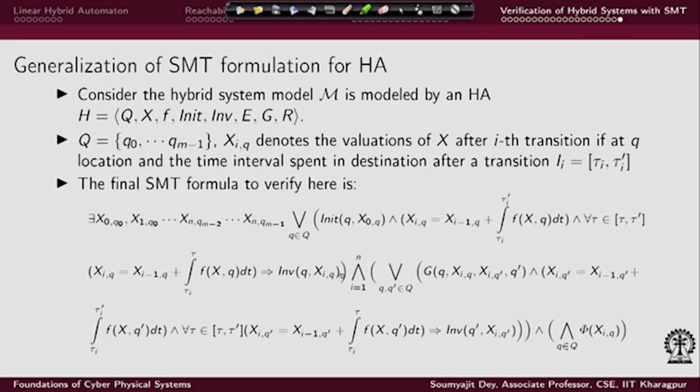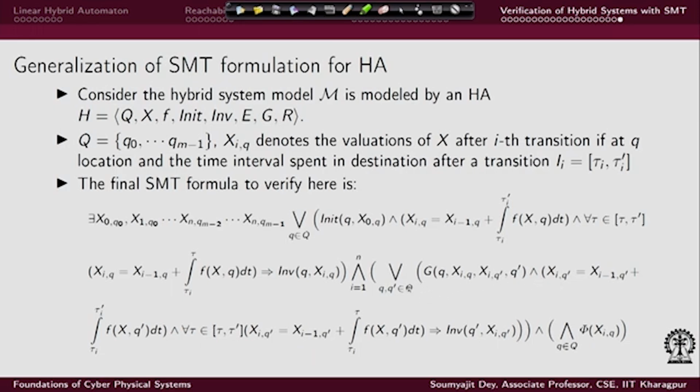Inside this, just to handle possible switches that the automata can have from one location to another, you will have an OR clause. You can just blindly write this formula for all combinations of these locations of the hybrid automata, because as long as the transition relation does not hold, the infeasible transitions will not be taken.